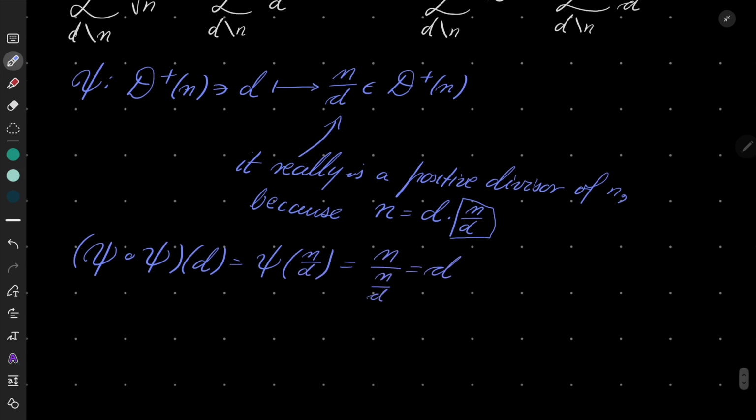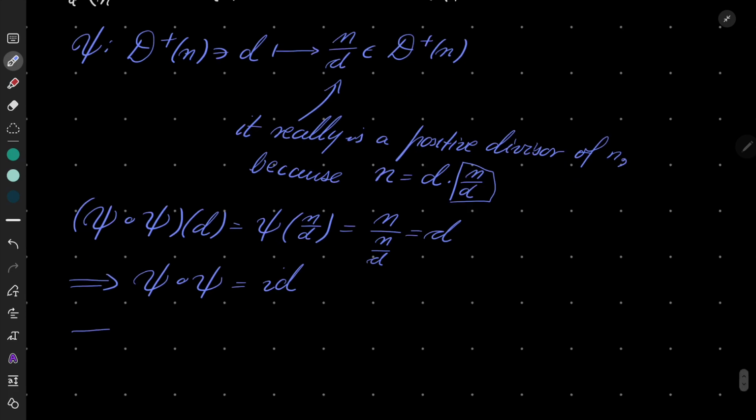So in other words, psi is an involution, it's the identity when composed with itself, which means that psi must be a bijection. Psi must be a bijection because psi is its own inverse.